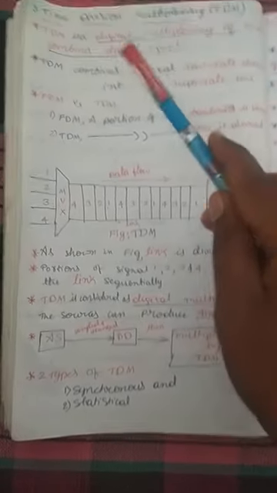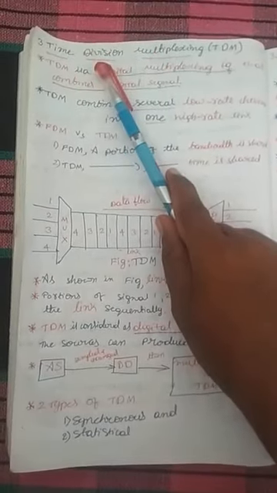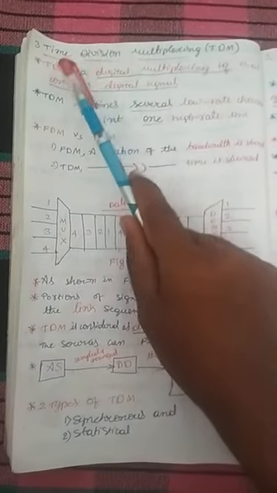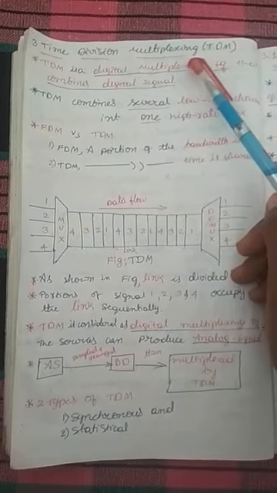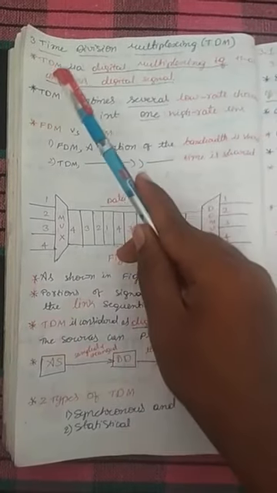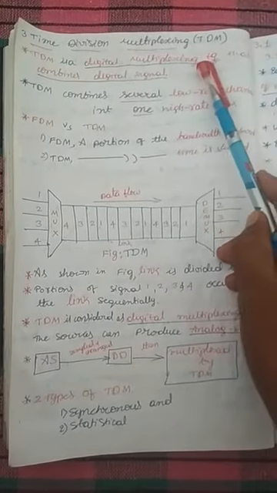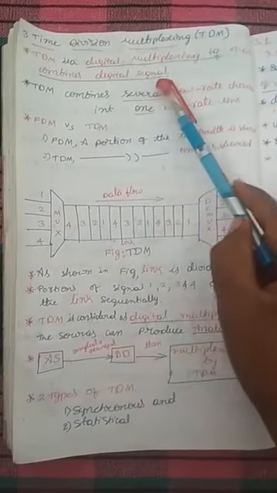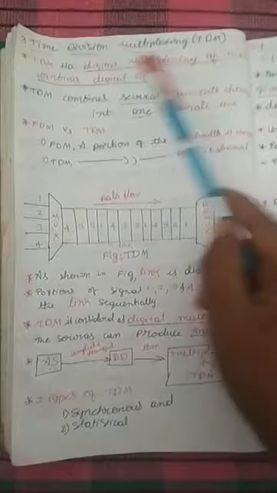The last type of multiplexing is TDM, nothing but time division multiplexing. What is meant by TDM? We are going to discuss here. TDM is a digital multiplexing technique that combines digital signals. TDM takes the input as a digital signal.